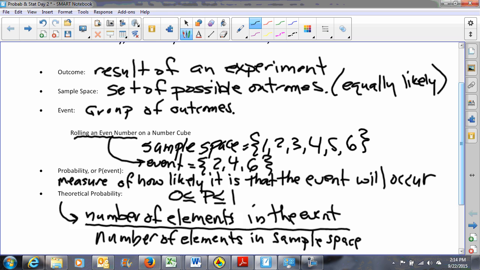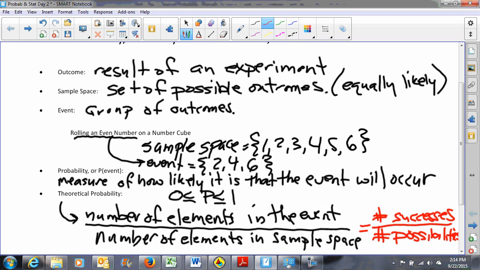Now we can make this a little bit cleaner if we just say the number of successes divided by the number of possibilities. In other words, we count up how many different ways we could be successful. We put that on the top. We count up the number of things that could happen. We put that on the bottom. And that is the theoretical probability of an event.